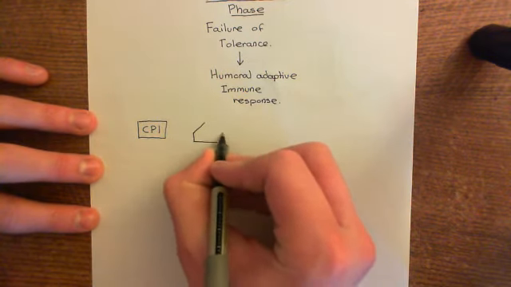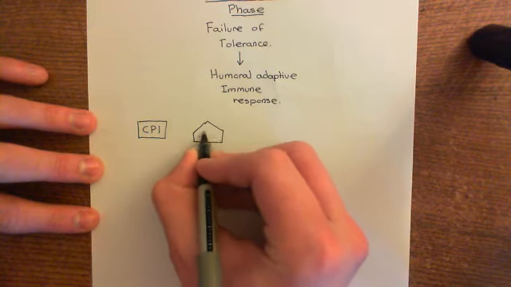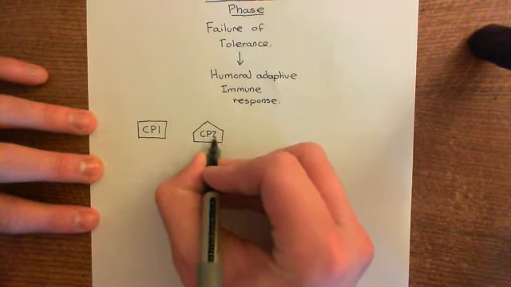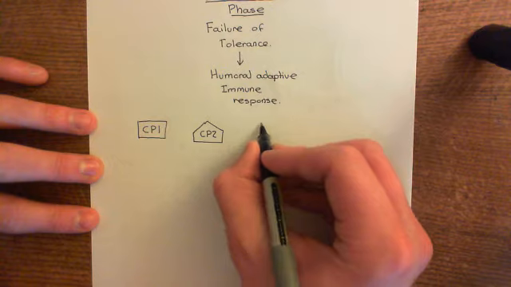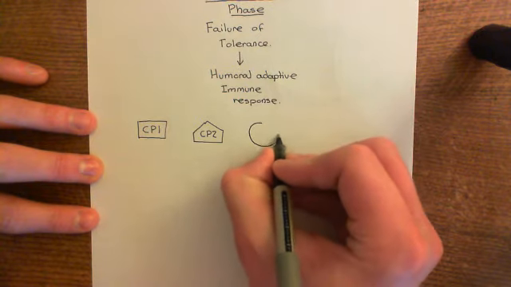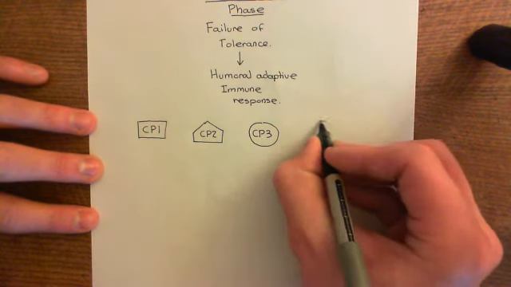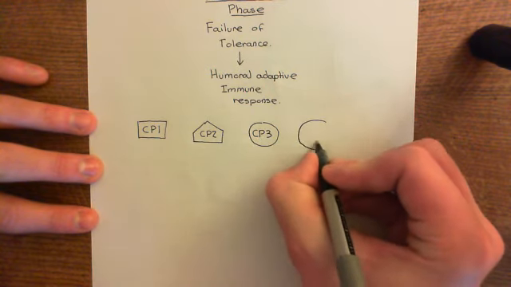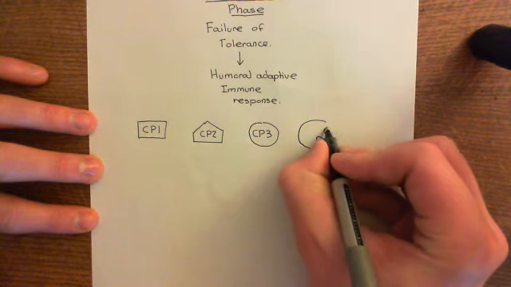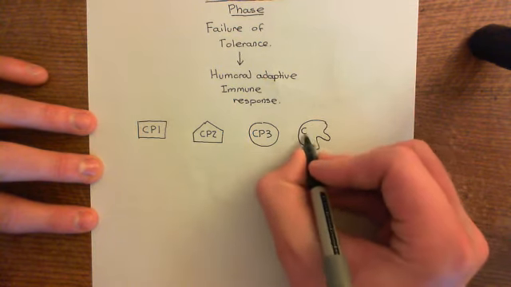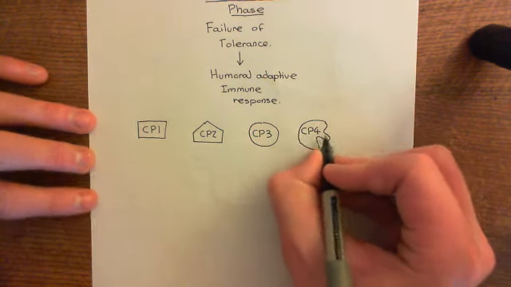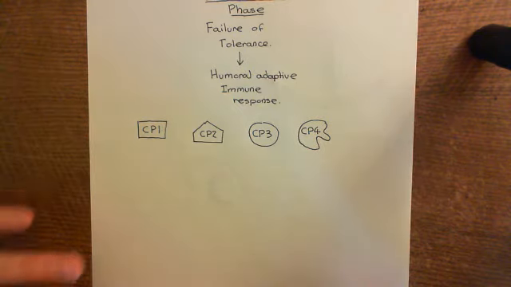Okay, so I'm just creating many different proteins over here, which are citrullinated proteins. So let's say we've got citrullinated protein 2 here. Maybe we've got citrullinated protein 3 over here. And maybe we've got the citrullinated protein that's within the synovial joints over here. Okay, maybe this is citrullinated protein 4, and this is the one which is in the synovial joints.